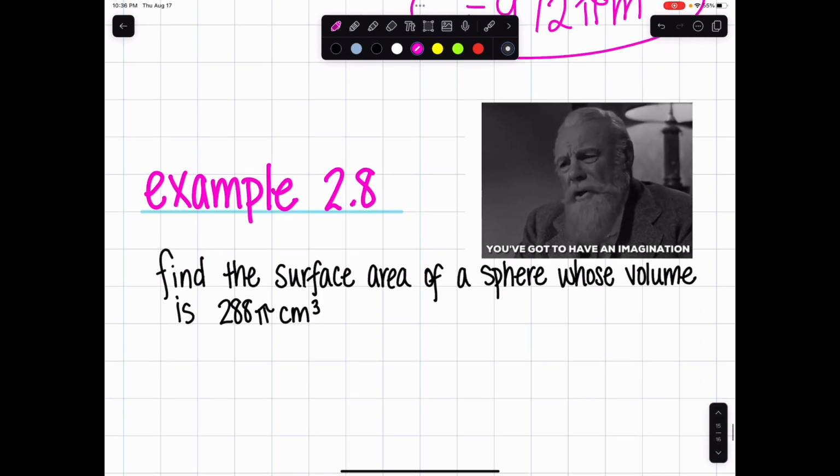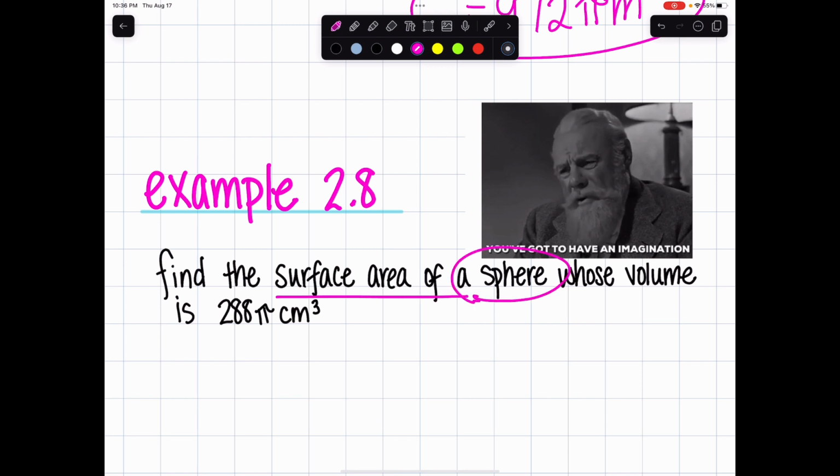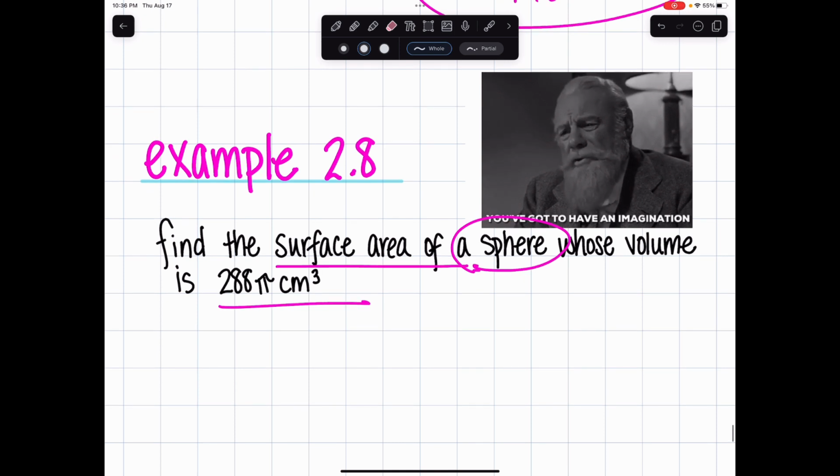One more problem and we're done. Here, you've also got to have an imagination. They want to know the surface area of a sphere whose volume is this. Ooh, that's tricky because they tell you the volume. They're making you really work for it.